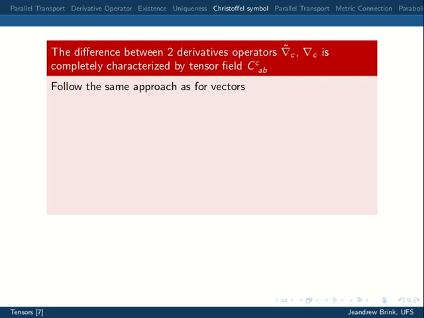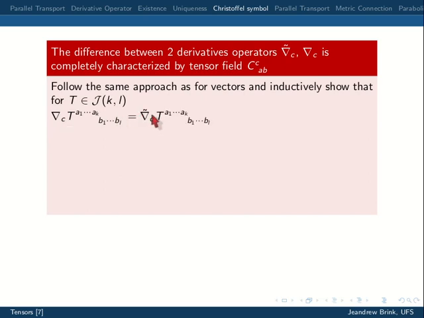know of the thing that you've contracted with, you can eventually show that for any tensor T, if you apply the derivative operator to it, and you apply another derivative operator to the same tensor, these two are equal, provided you add something that looks like this.